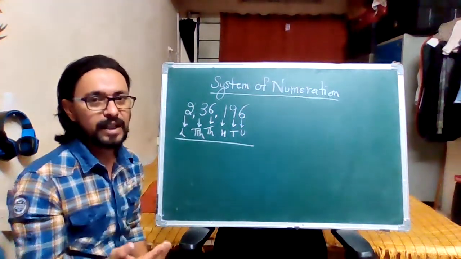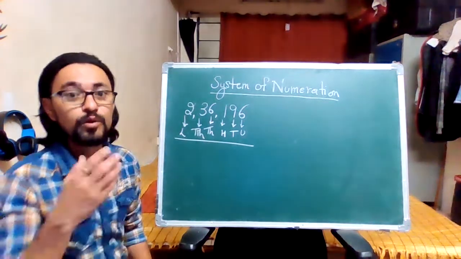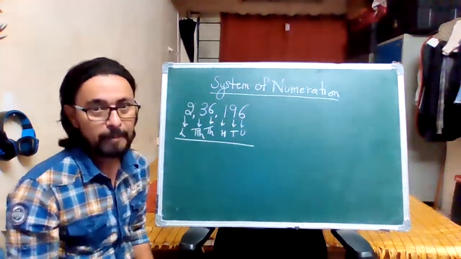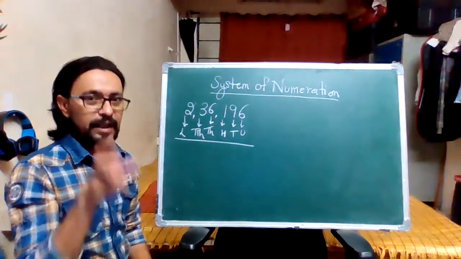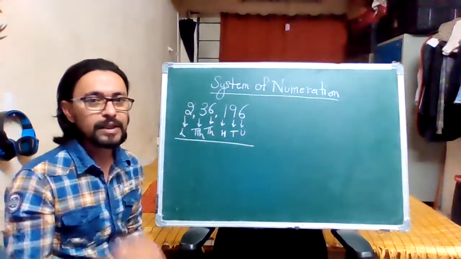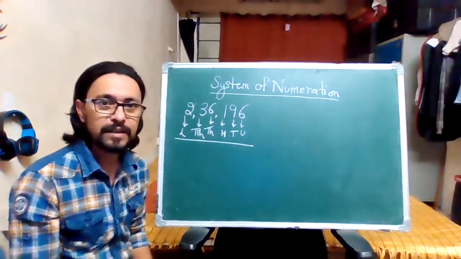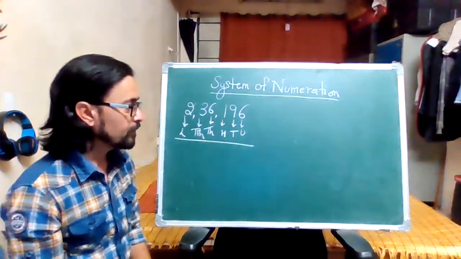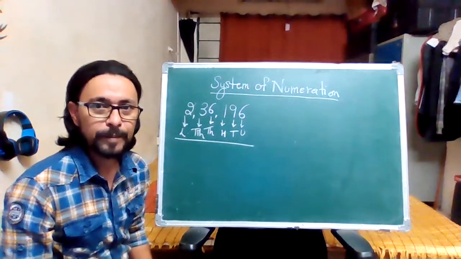We don't go beyond that because many of us do not have that kind of earning, and it would go into 100 crores. But in normal life and in calculations at your level, we will be only studying till crores or till 10 crores maximum. So this is called the Indian system of numeration.